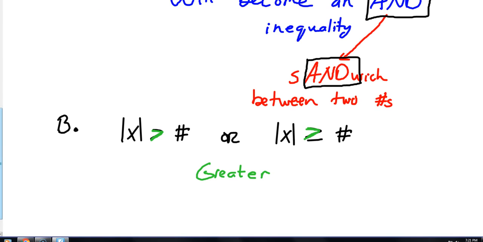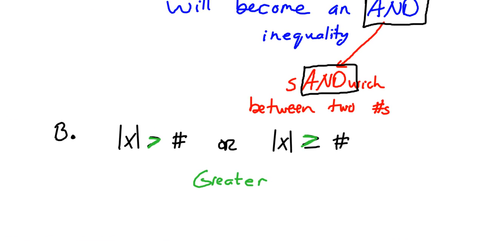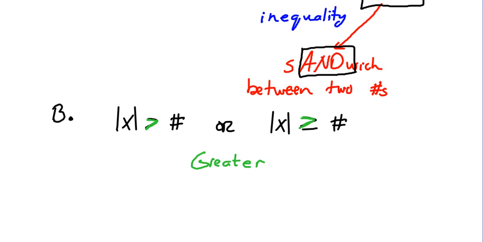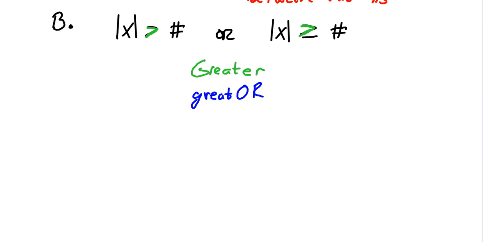And to me, this is the easier of the two to key on, because the greater part tells you that if it's greater, it becomes an or statement. So this part is a little bit easier because of how it's set up.